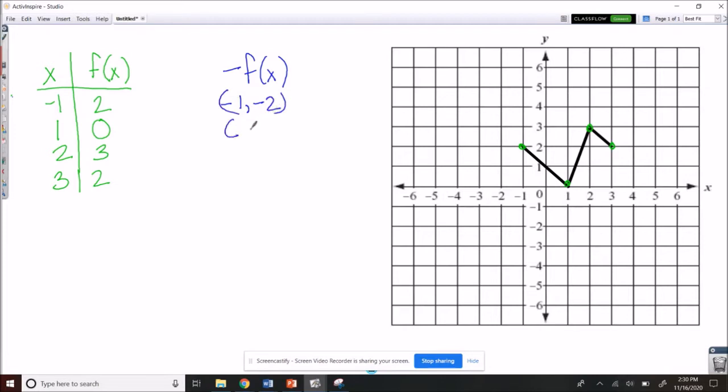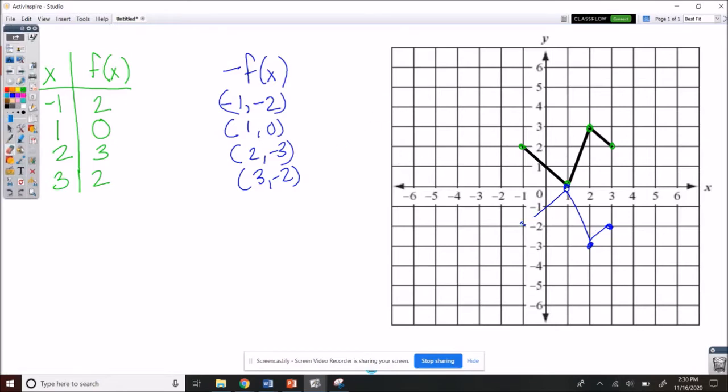And instead of (1, 0), hey, it's still going to stay (1, 0) because the opposite of 0 is 0. And then we have (2, -3) and (3, -2). So that's here, here, down there, and then back there. So that is called a reflection over the x-axis. Our x-axis is here, so it's basically just flipping down.